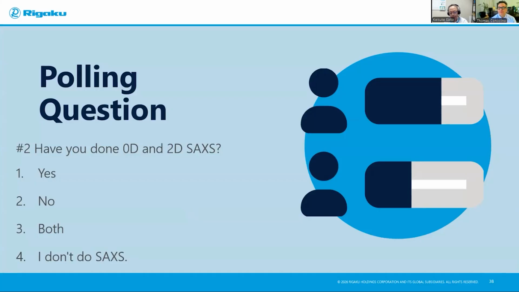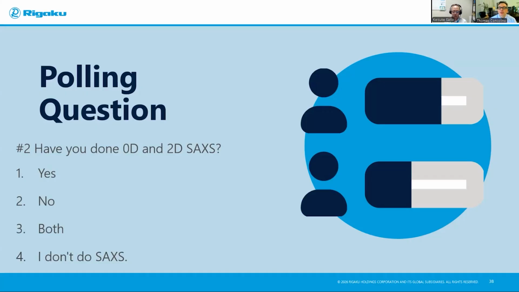This is simply clarifying the group that does do SAXS a little bit. We did have a large group that didn't do SAXS at all, so we understand. Of the ones that have answered, they both do 0D and 2D, so a good group here.